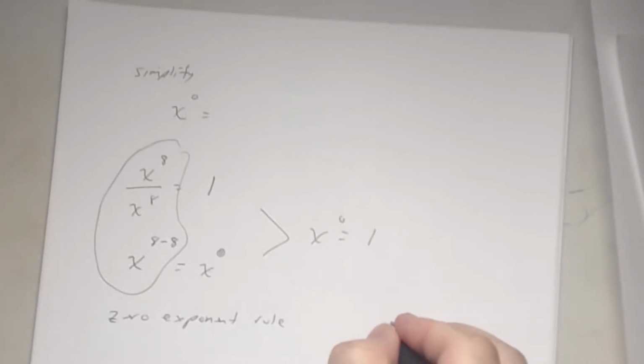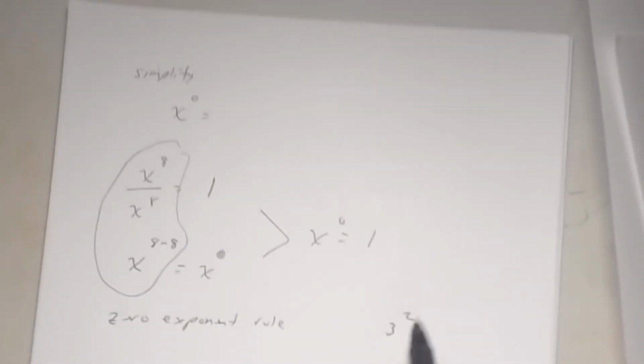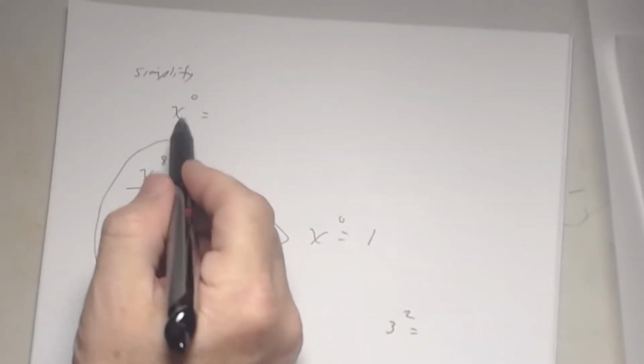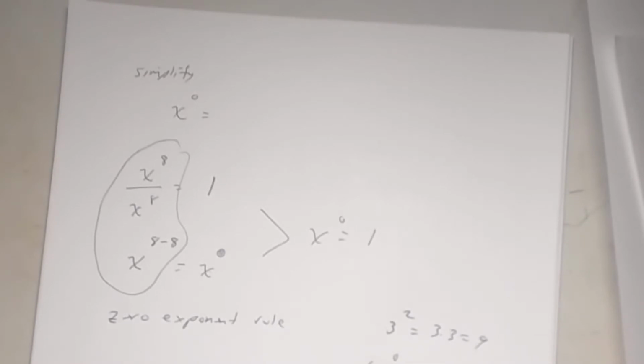If I have 3 squared, does that mean multiply 2 times 3? No, that means I take the base and multiply it by itself that many times. Over here, the base is x. So if I had 4 to the 0, that means I take the base and multiply it by itself 0 times. It doesn't mean 4 times 0.